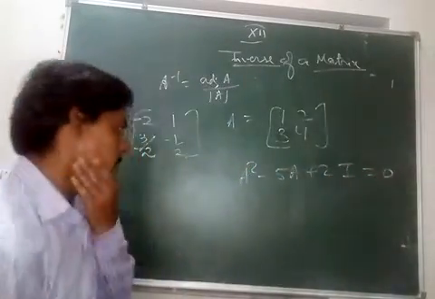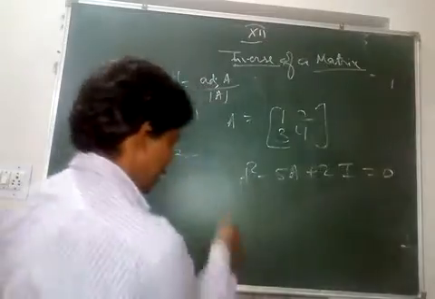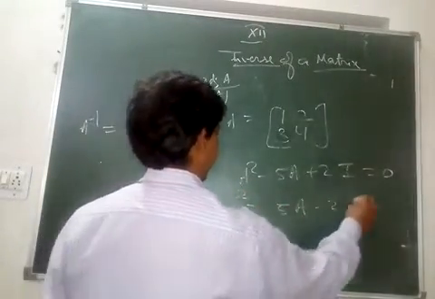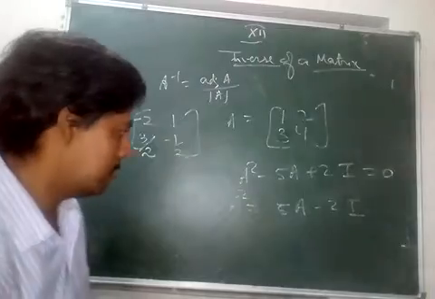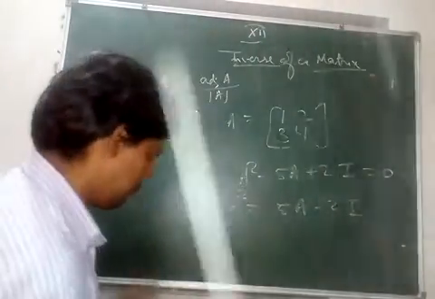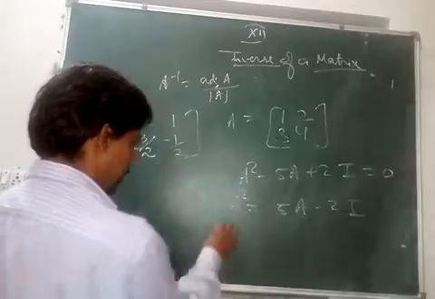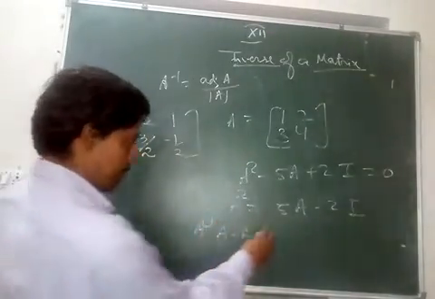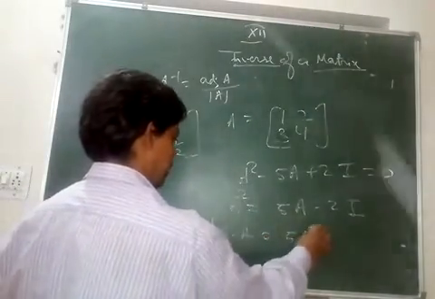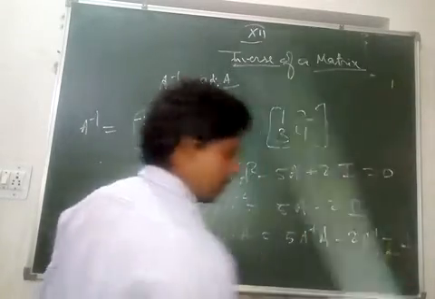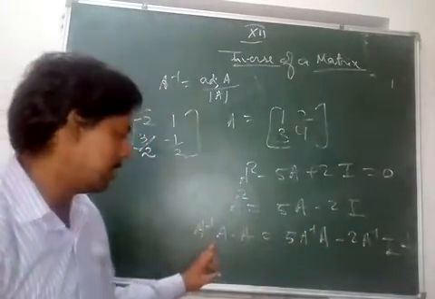So we do one thing: we take these to that side. A square is equal to 5A minus 2I. Now we want to get the inverse, so we multiply by A inverse throughout on the left side. So you write this as A inverse times A square, which is 5 A inverse A minus 2 A inverse I. What is A inverse A?